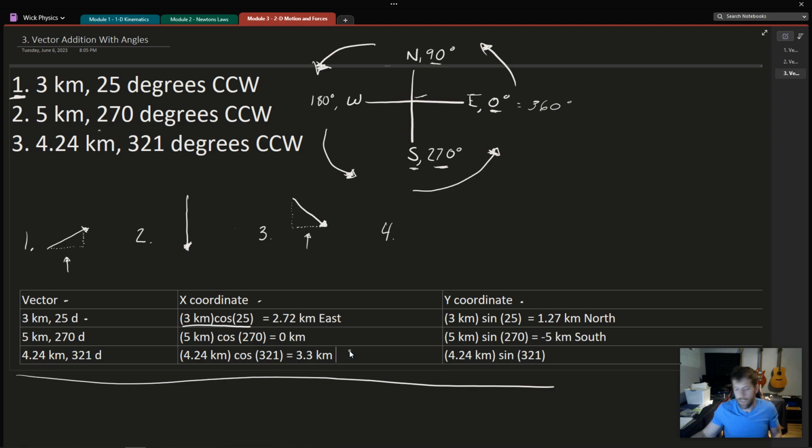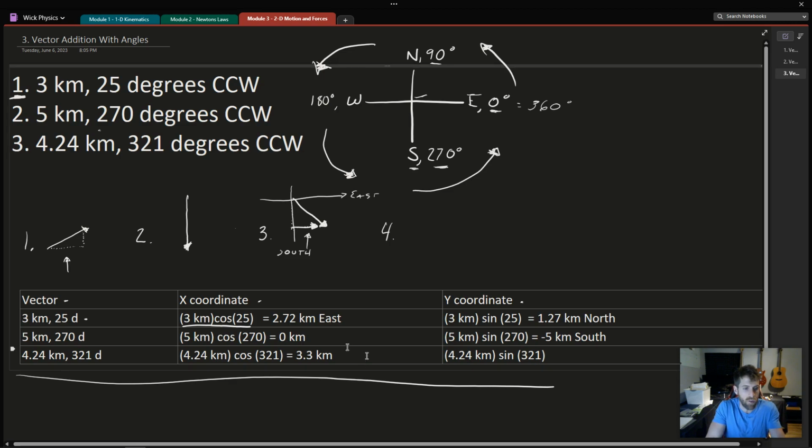So number 3, just as a refresher, if this is our compass here, and this is east, and this is south, this x coordinate is going to be going east in order to get to that point. So it's going to be going this way to get to that arrow point. So it's going to have to go east from that coordination.